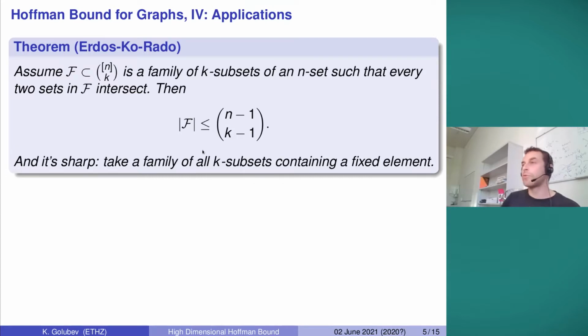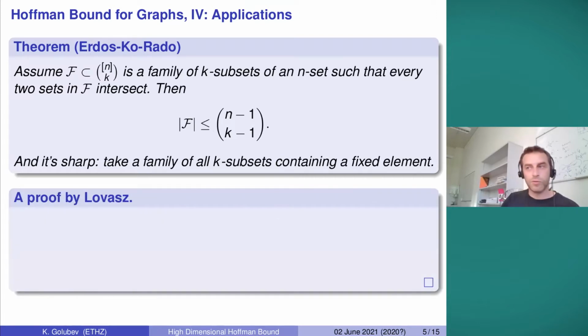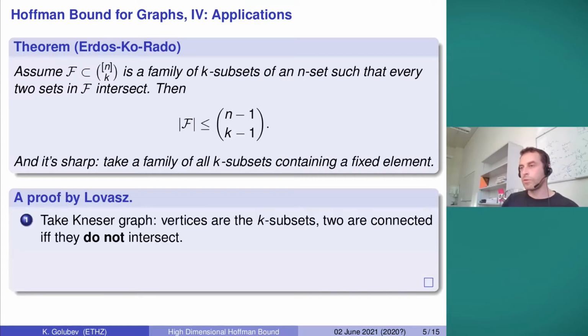So how do you prove it using the Hoffman bound? I think this was proved by Lovász, and you do the following: you construct a graph where the vertices are the k-subsets, and you connect two if they do not intersect. Then every independent set would be a family where every two sets do intersect.